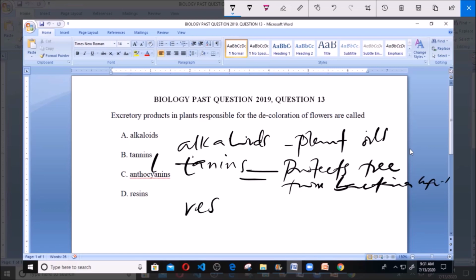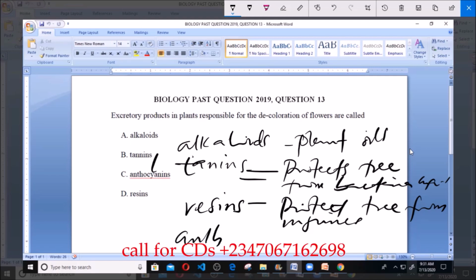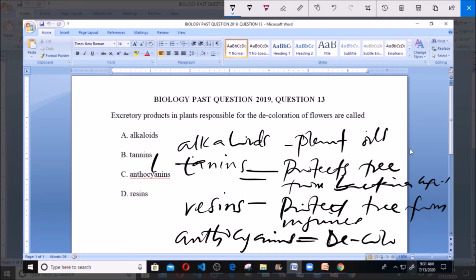Now, resins are also stored in barks and leaves of trees, but the main function of resins is to protect the tree from injuries. Then we have the anthocyanins. Now, these are responsible for discoloration of flowers. So the answer to this particular question is option C, anthocyanins.